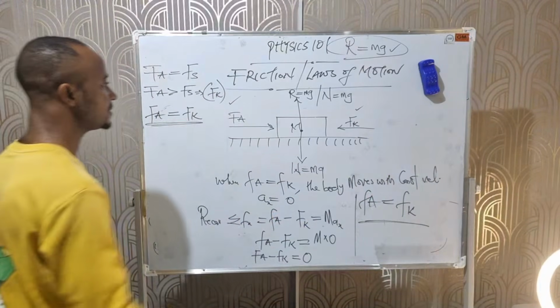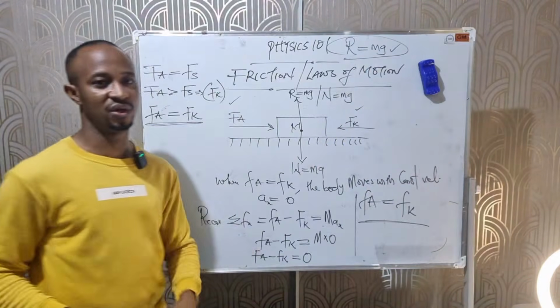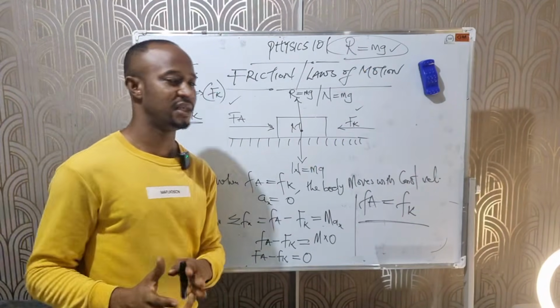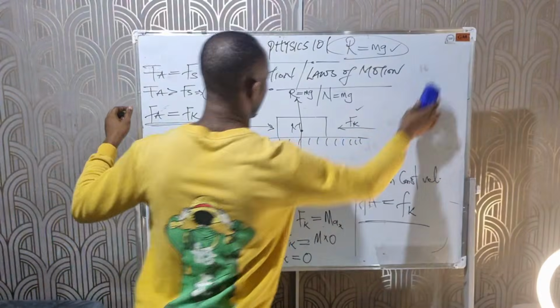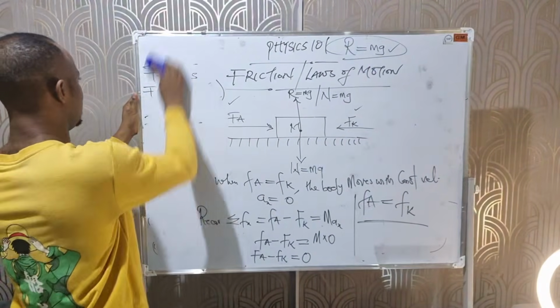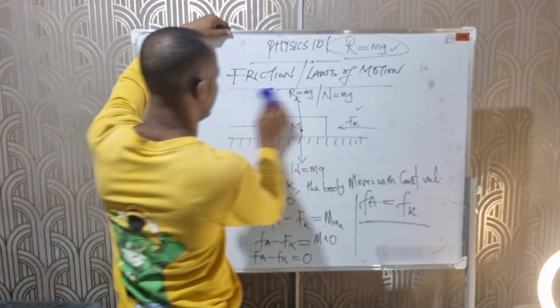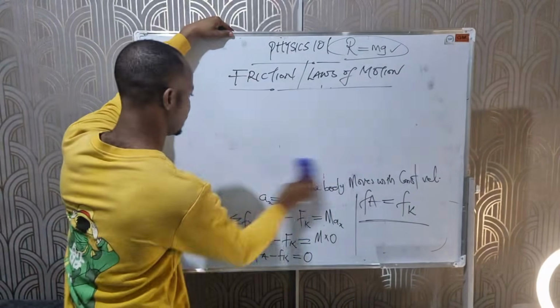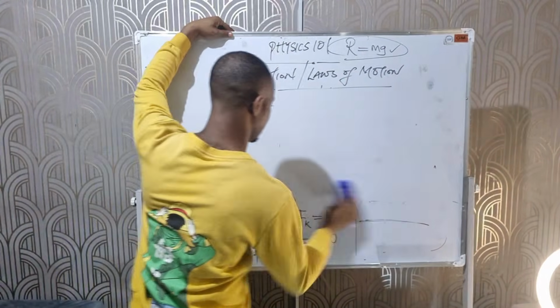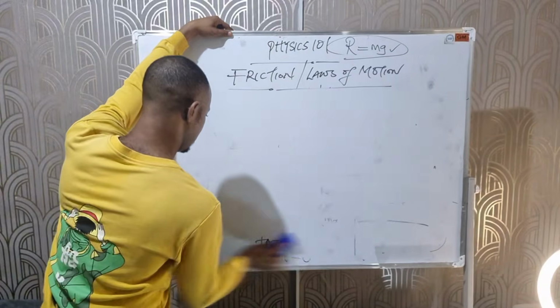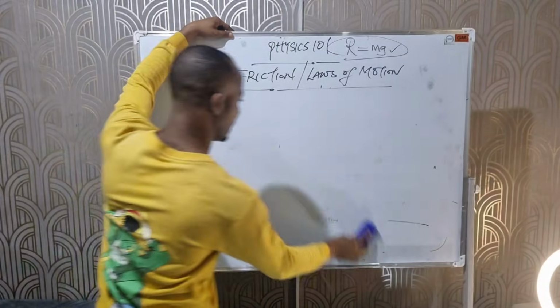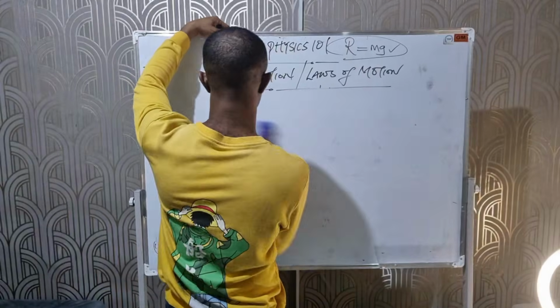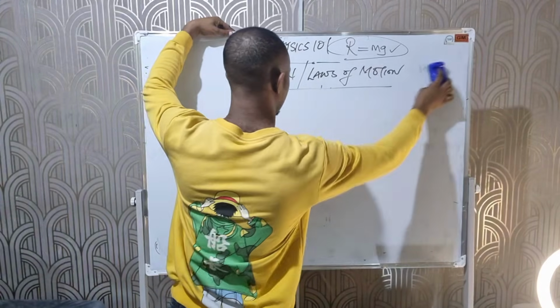Okay. Now, Newton's second law of motion is the law of acceleration. The law says the rate of change of momentum of a body is proportional to the applied force. It's proportional to the applied force.